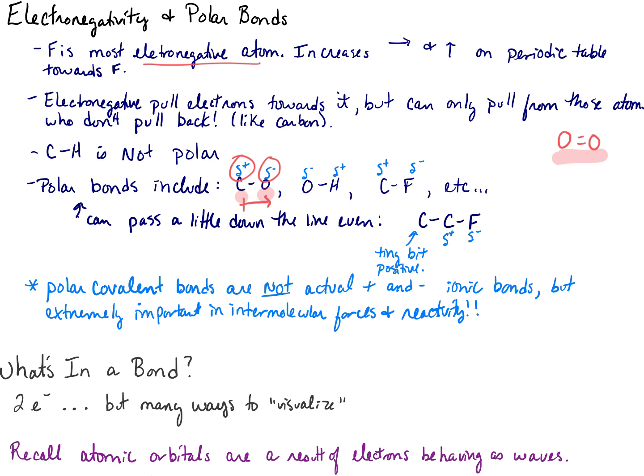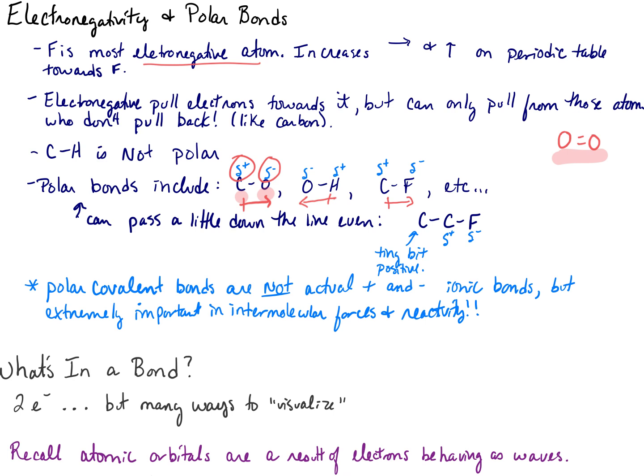Okay. An OH bond, the oxygen's going to pull electrons towards it, so it's partially negative, and hydrogen is partially positive, or drawn in this way. And between carbon and fluorine, carbon is donating some electrons towards fluorine, so it goes that way, and there you go. Okay.